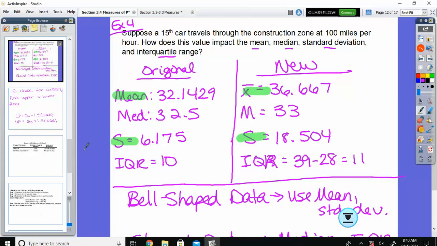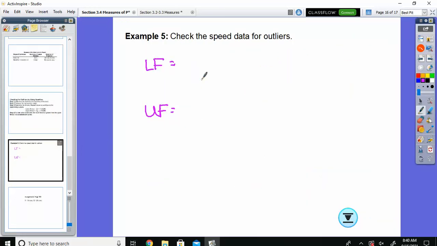Your one variable statistics. What was our first quartile for this one? 28. Okay, then we need to subtract 1.5 times the interquartile range. What was the interquartile range for that one? 10 was the original set, but our set with the 100 was 11.